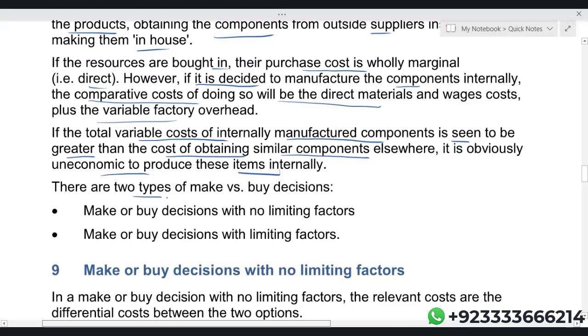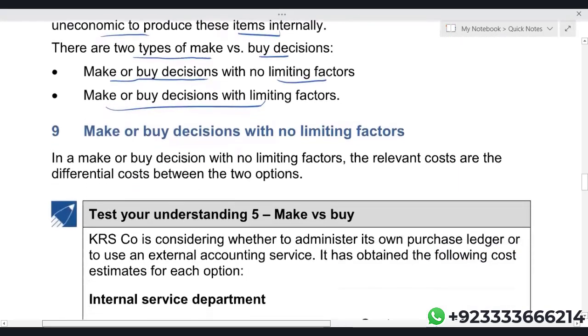There are two types of make versus buy decision: make versus buy decision with no limiting factor, and the second is with a limiting factor. Let us first discuss without a limiting factor. Make or buy decisions with no limiting factors.